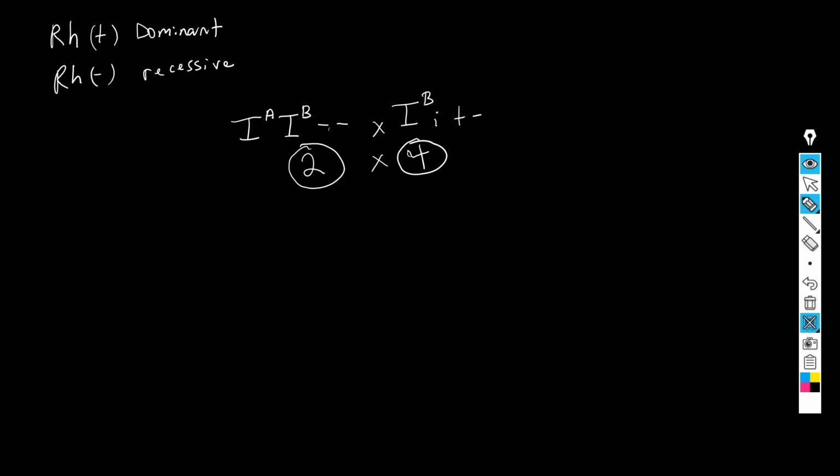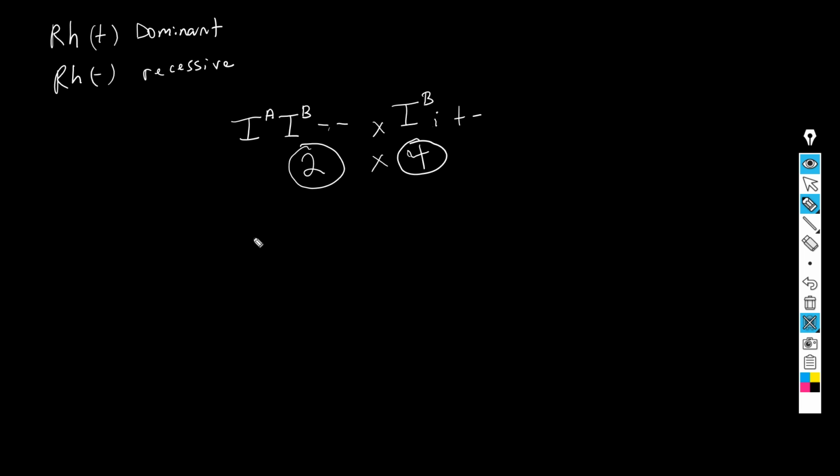So in this example, we're going to have a Punnett square that has 8 squares. With dihybrid crosses, you can have as few as 1 square in your Punnett, or you can have as many as 16 if both parents had been heterozygous for both traits, which they were not.